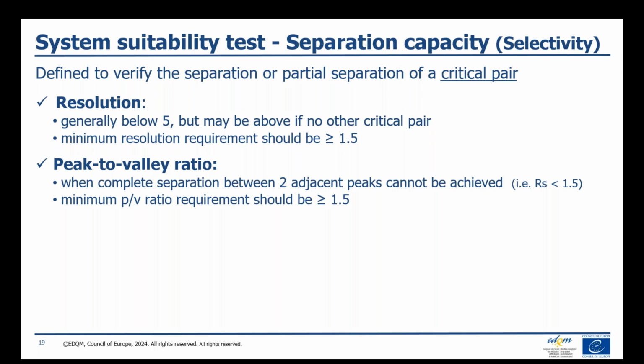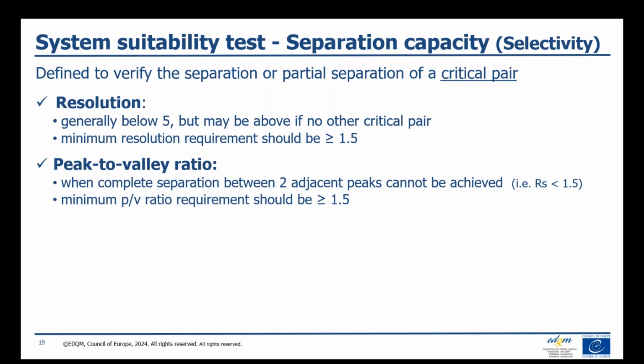Usually the value is below 5, because we consider that if there is a resolution of more than 5, the two peaks are very well separated, so we try to look for another critical pair.